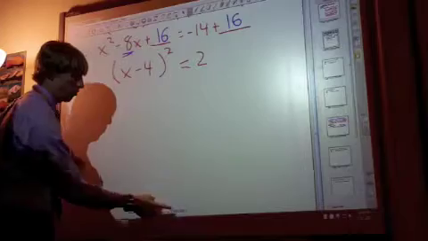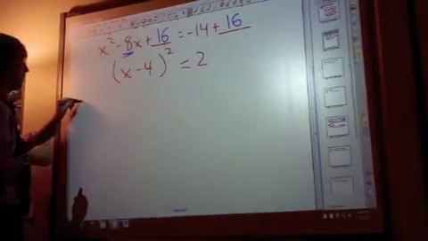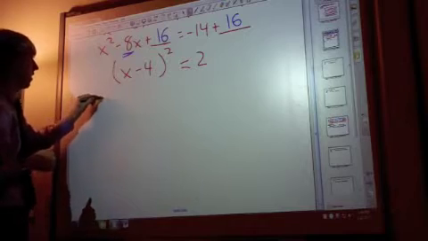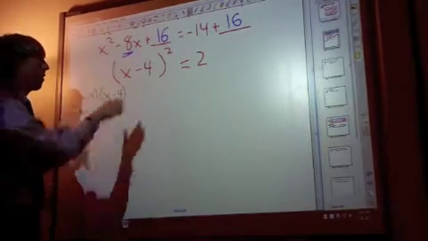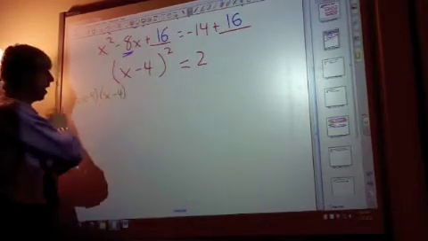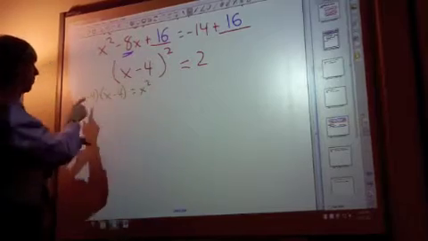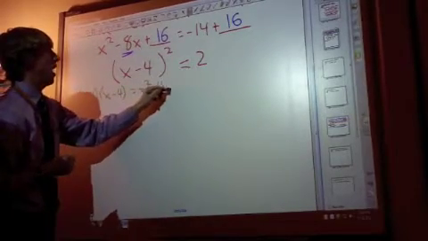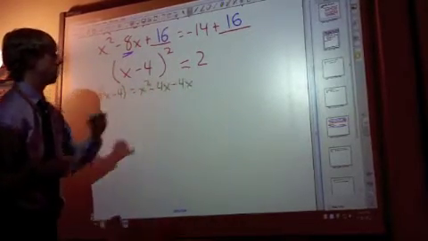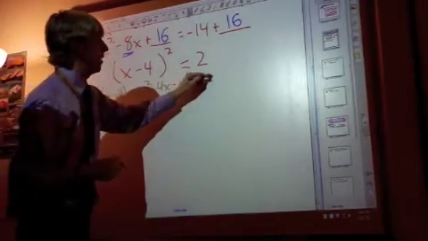Now if you're not comfortable with that, let me just on the side show you why that's true. If I say (x - 4) times (x - 4), because remember, (x - 4)^2 means 2 of them. And if I want to expand this out, I can get x^2 - 4x - 4x, and then negative 4 times negative 4 is a positive 16.